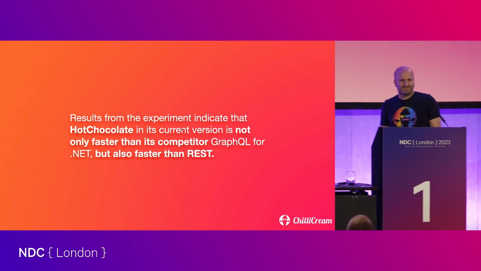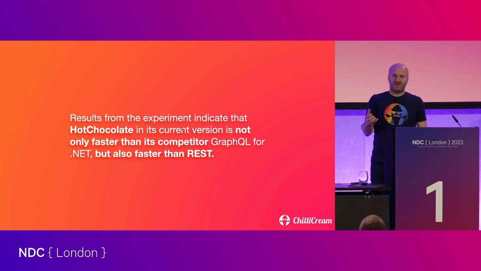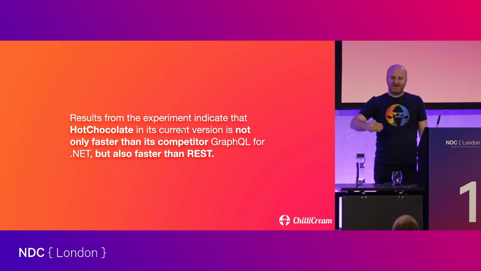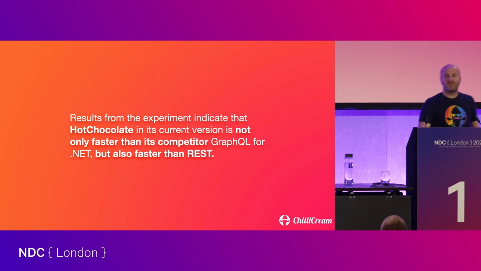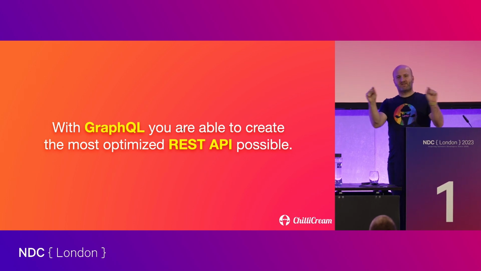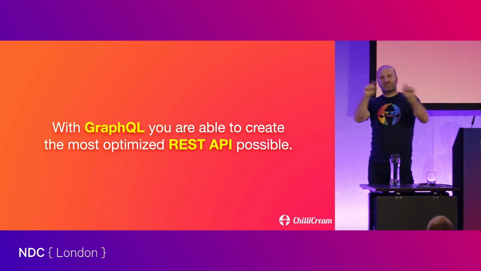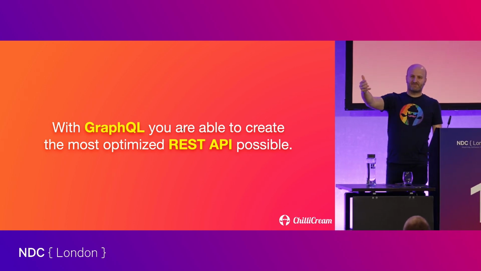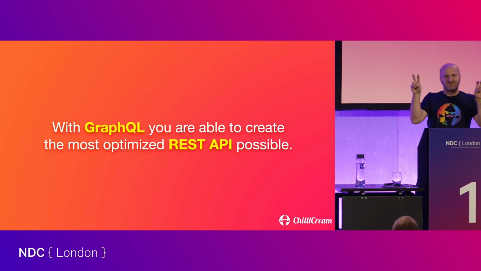So how can that be? Because with GraphQL, when you specify your GraphQL request, you create the most optimized REST service ever. Because you saw when I showed you the structure, actually a GraphQL request is like a method. So you create like stored procedures for a REST service, you could say.